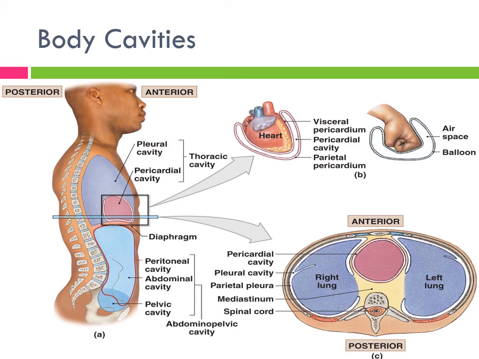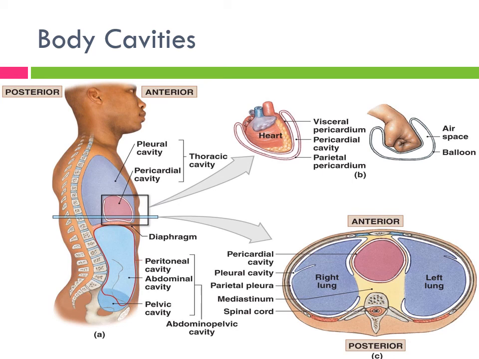So the balloon itself on the outside is the parietal layer of the membrane, and then the part that is touching the fist is the visceral layer. So in general, they don't have that much space in between them. This is just a representation to show you that space. So it's more of a virtual space in between them that's full of that serous fluid that's keeping them from adhering together or having any friction.